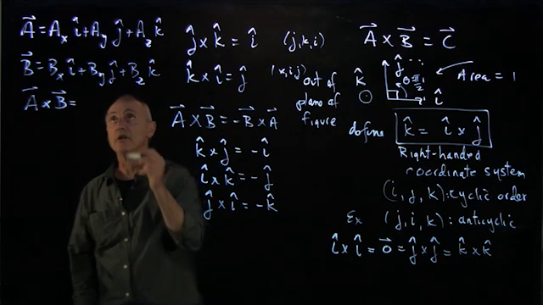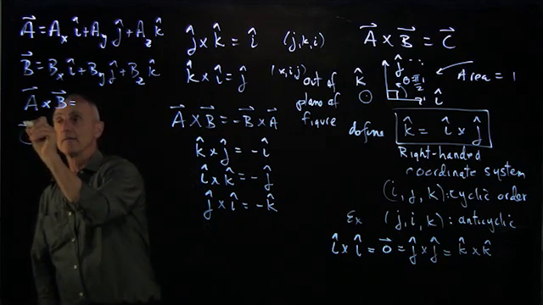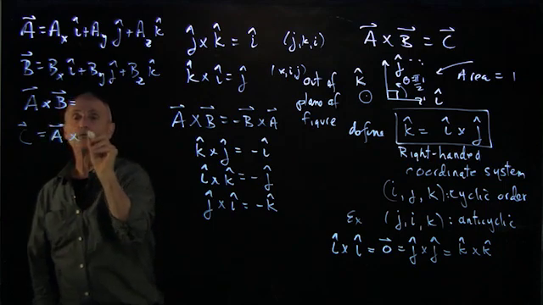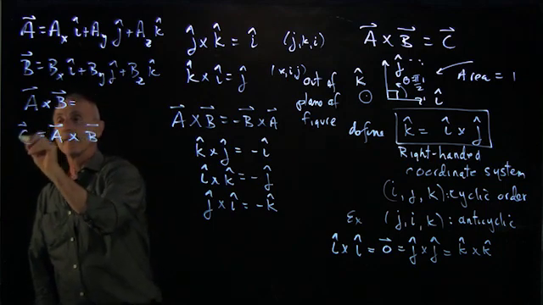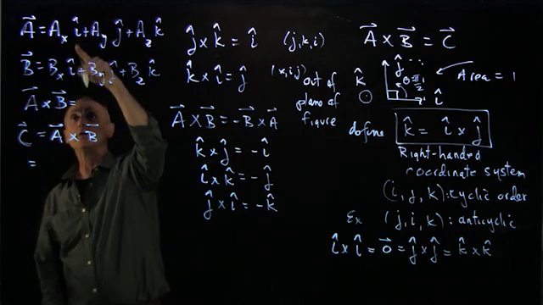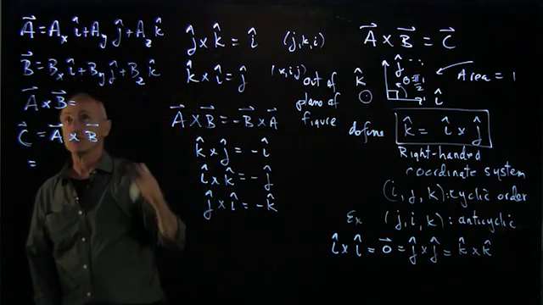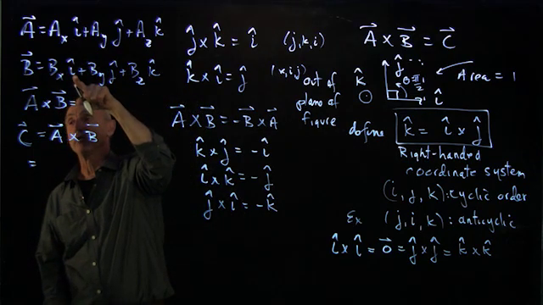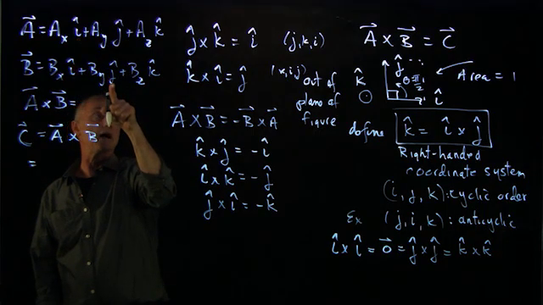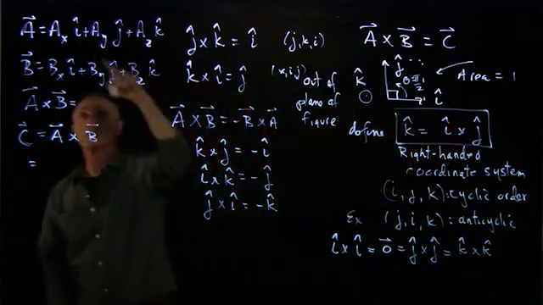So let's just do it. C equals A cross B. Now let's just go one by one. i hat cross i hat, that's 0. There's no perpendicular part. The area formed by these two vectors is 0. i hat cross j hat, that's cyclic, ij is plus k hat.